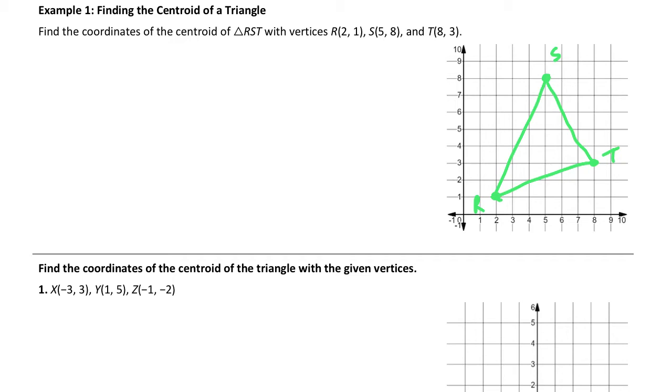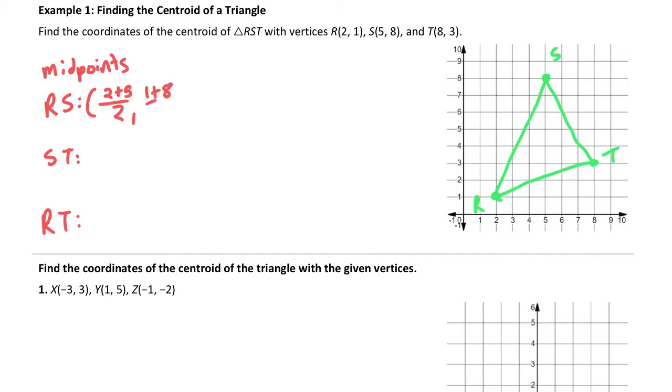So midpoints: the midpoint of RS, ST, RT. Finding all those midpoints. To find the midpoint of RS, remember, average of the x's, average of the y's. So the midpoint of RS is going to be (2 + 5)/2, and the y value is going to be (1 + 8)/2.